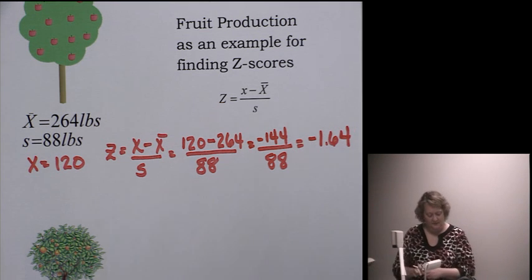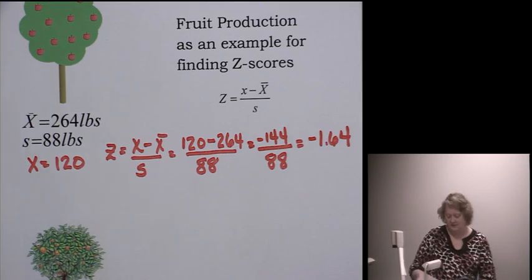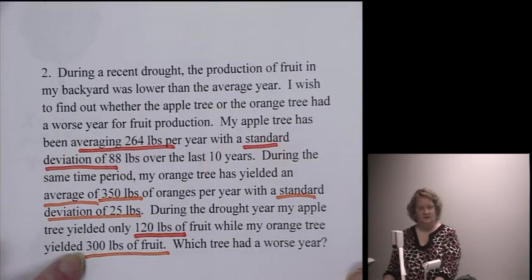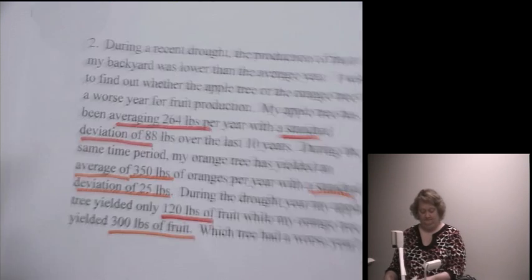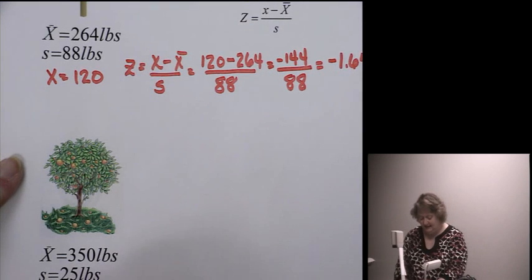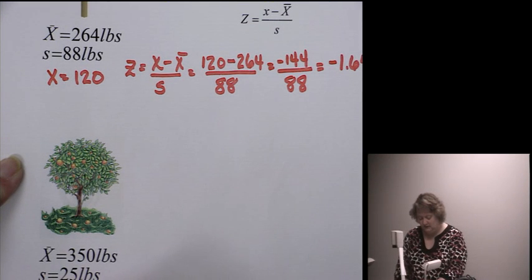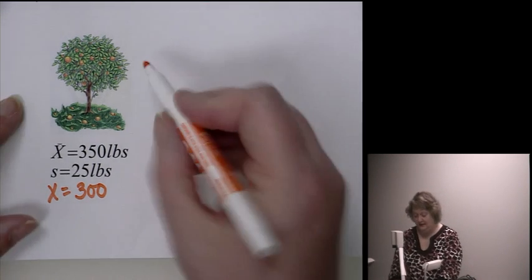So now let's look at our oranges. Going back to our problem, we can come down to the last part, which says that the orange trees yielded 300 pounds of fruit during the drought year. So in this case, my x equals 300.